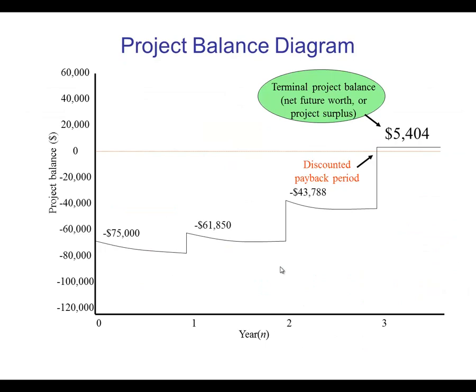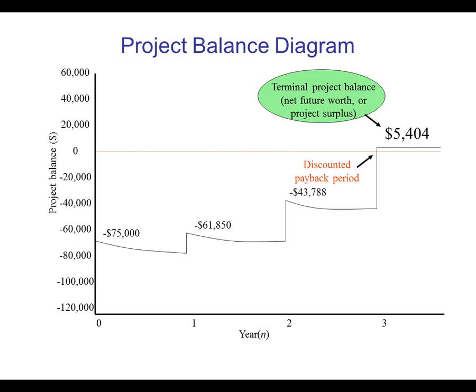This is a chart that will show you the project balance diagram, and you can see that the balance was getting less and less, which is the money that we need to pay back, until we started gaining money at a certain point. At that point, that is when I broke even and started to gain, and we call that the discounted payback period.